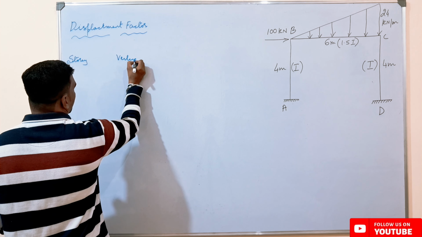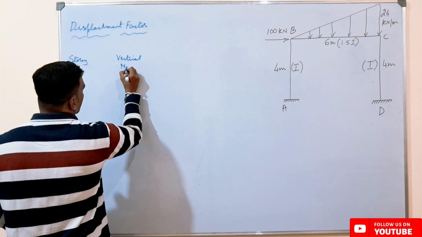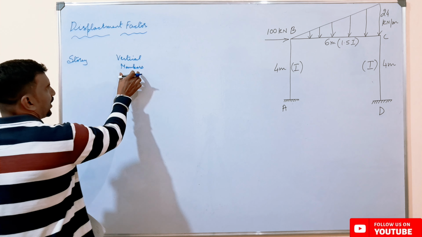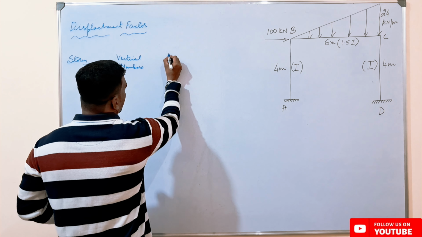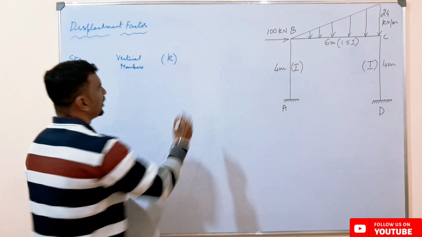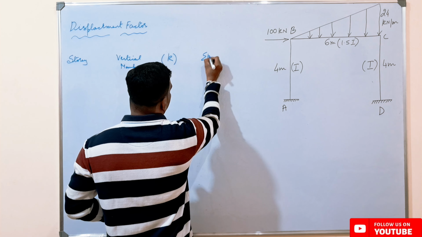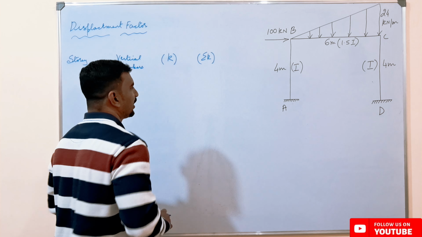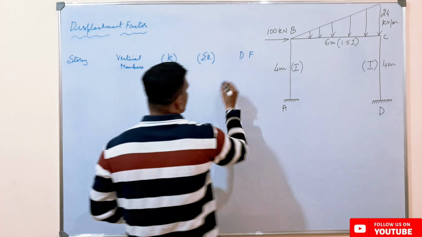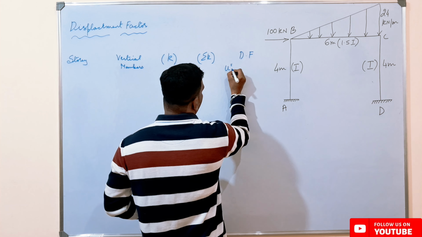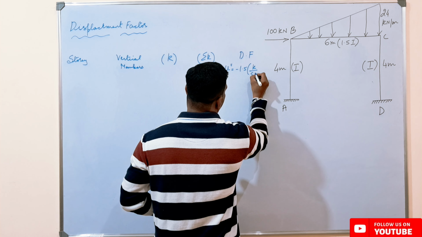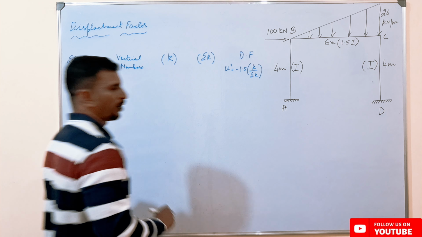For these vertical members we need to find the relative stiffness, which is represented by K, and the total stiffness, that is sigma K. Also we need to calculate the displacement factors, which is given by U double dash is equal to minus 1.5 into K upon sigma K. So this is the formula.